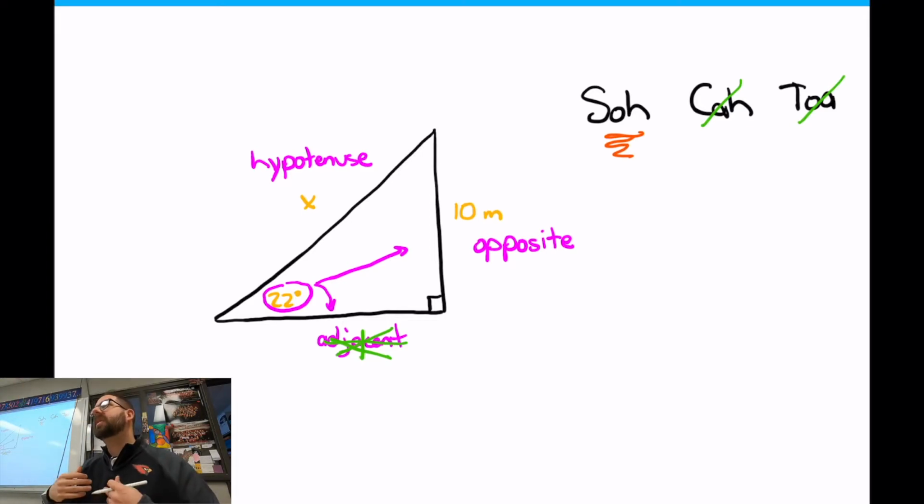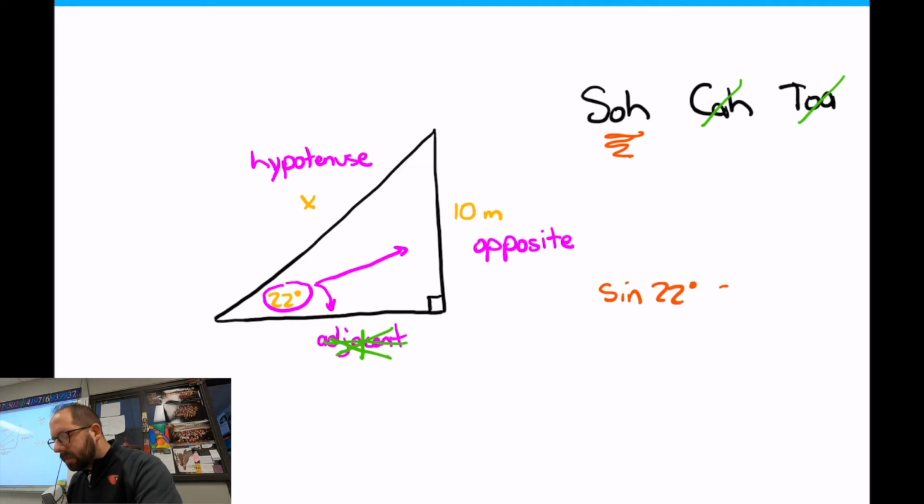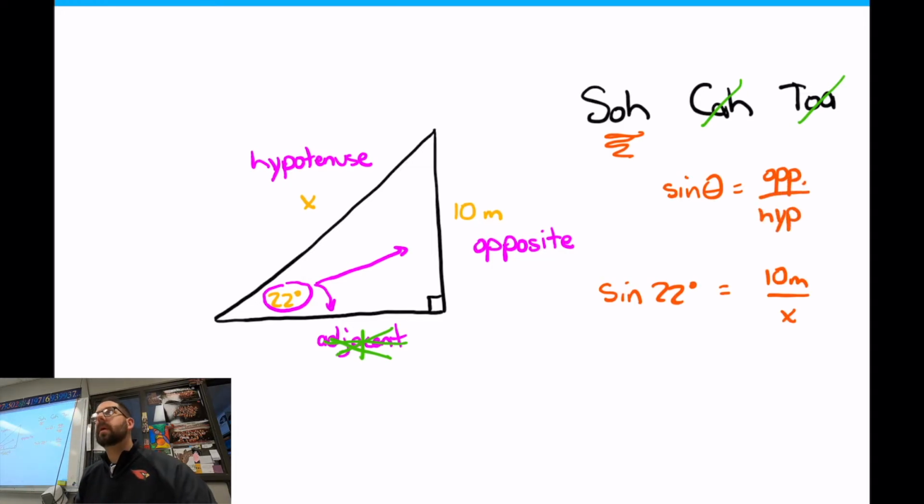Opposite and hypotenuse. And those are the ones that have the numbers or variables in them. Now, plugging this in, this is sine of my angle is equal to the opposite over the hypotenuse. So if you need that formula, here it is one more time. I'll keep writing these down just so you get used to it. Again, the little acronym tells you how to write it, right? It's telling you O over A, that type of thing.